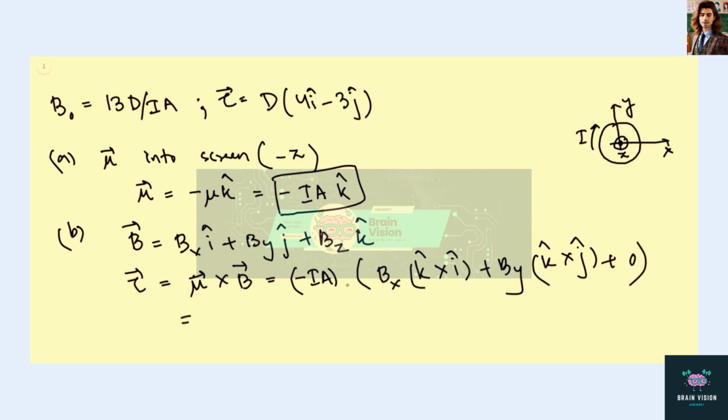And we can simplify this, and this becomes IABy i cap minus IABx j cap. So this comes from the expression that k cross i cap is positive j cap, and k cross j is negative i cap.